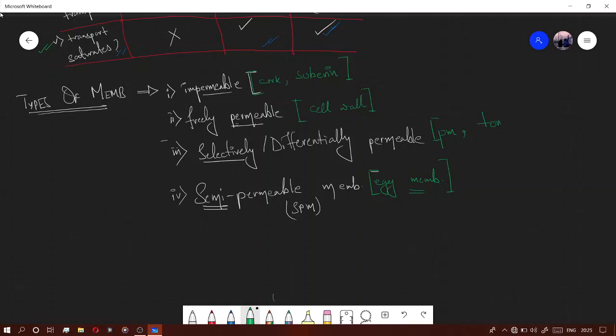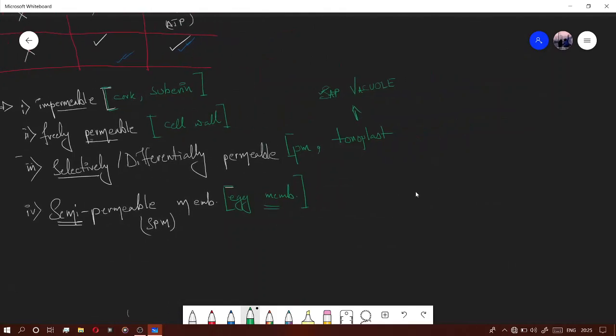Can you tell me what tonoplast is? Tonoplast is the single membrane covering of the sap vacuole. It is related to the sap vacuole, so I'm writing it here.